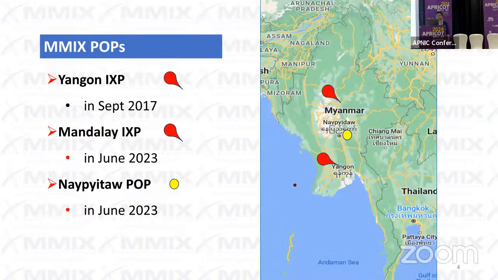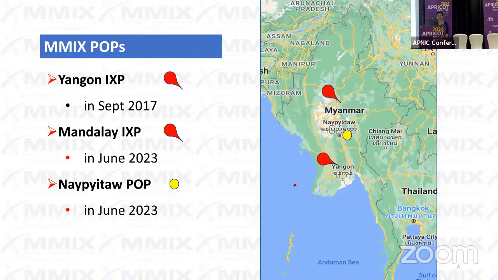This is our map. We started in Yangon, that is the largest city in Myanmar. We started in September 2017. Recently, in 2023, we set up another IXP in the second largest city, Mandalay. At the same time, we also can give service up to Naypyidaw, which is the capital of Myanmar.